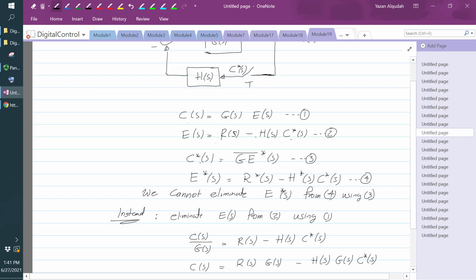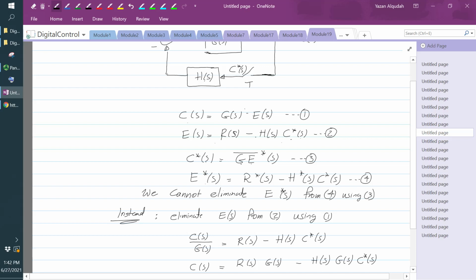I'm going to get C star equal to, now if I look at this equation 1, none of these are starred. So therefore, when I take the star transform, I'm going to have to multiply them and then take the star transform. So it's going to be G multiplied by E, after we multiply them, we're taking the star transform. Now I'm going to take the star transform of equation 2. It's going to be E star equal to R star minus H star multiplied by C star.